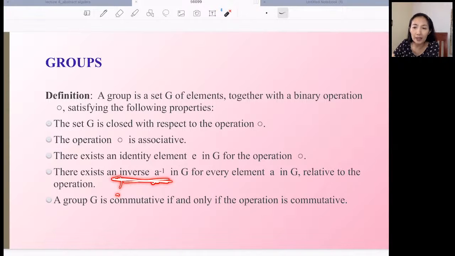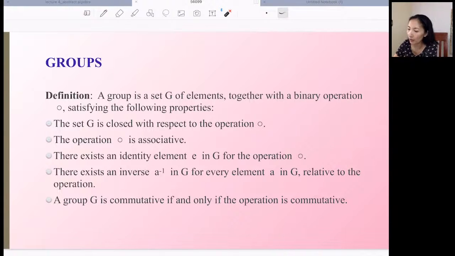Do all elements have inverses in your S sub n? I gave that as an assignment. All elements have inverses? Yes. Therefore, your S sub n, the set of permutations of n symbols with respect to the operation defined on it, is a group.